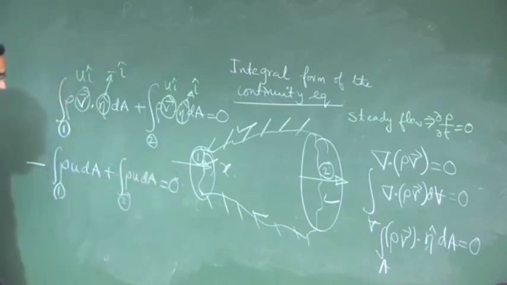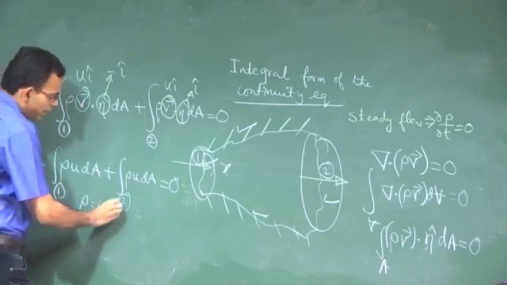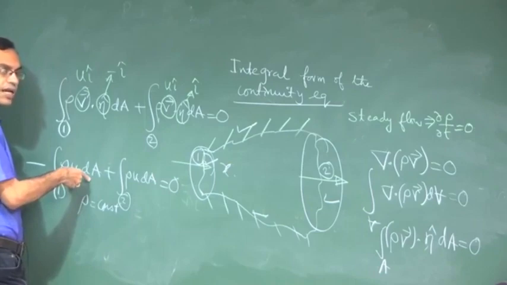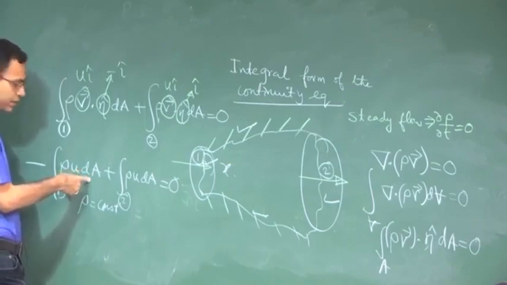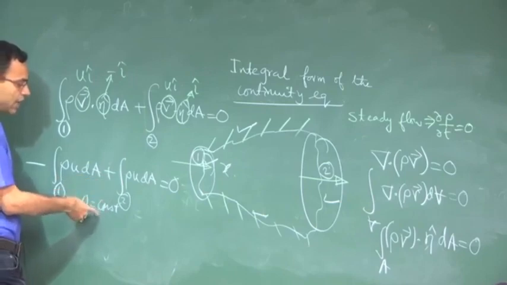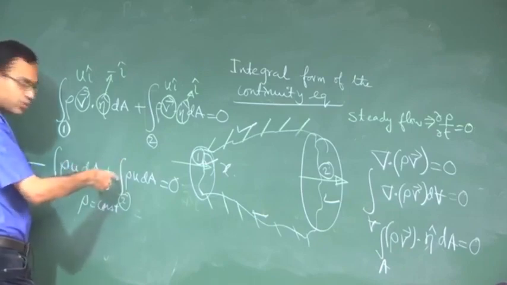Next, let us make an assumption that rho is constant. Up to this, steady flow would have been fine, rho might not be constant, but from here onwards we are assuming that rho is constant. If rho is constant, it gets cancelled from the two sides.